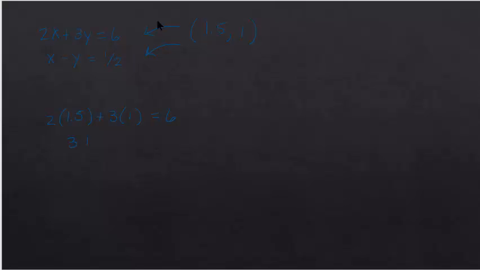So 3 plus 3 should give us 6, and 6 equals 6. So this one works. All right, for the next one, we have 1.5 minus 1 is 1/2 or 0.5. 1.5 take away 1 is 0.5, so we get 0.5 equals 0.5, and that's true.